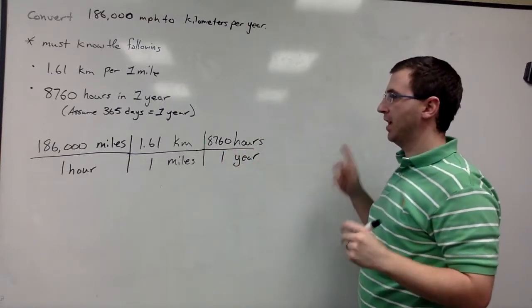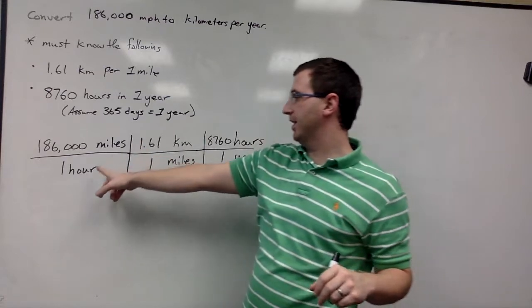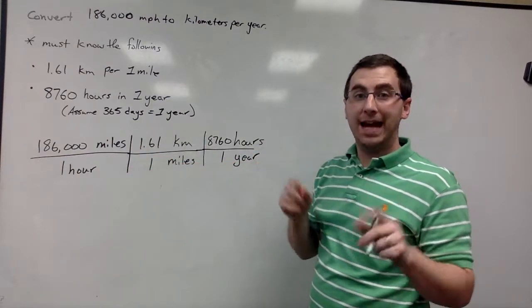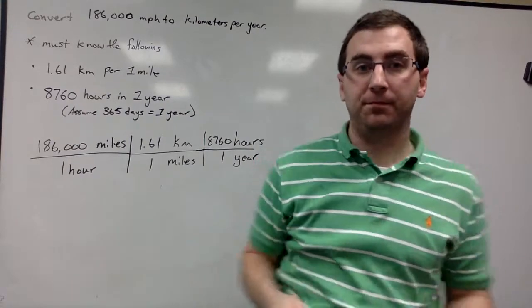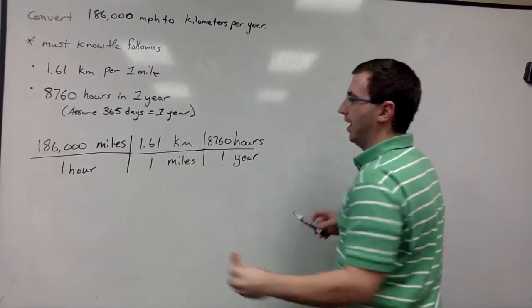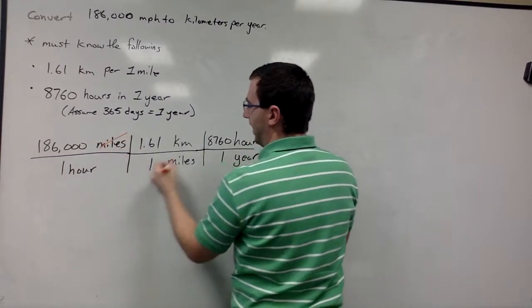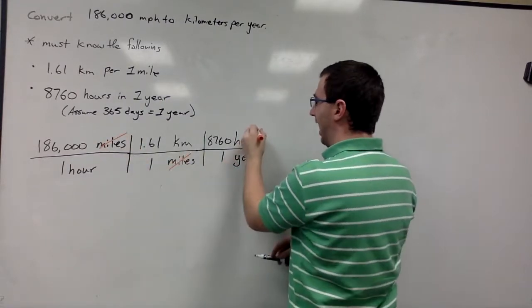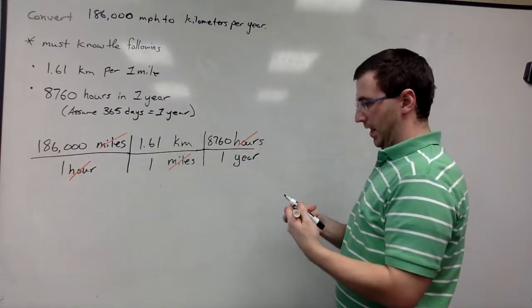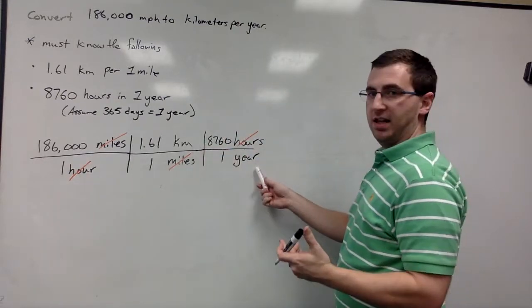The hours are going to cancel out with this one, leaving us with just year right here. Now let's start slash and splatter. Got the fancy orange marker. Miles cancel out right here. Hours cancel out right here. And all we're left with is a kilometer on the top and a year on the bottom.